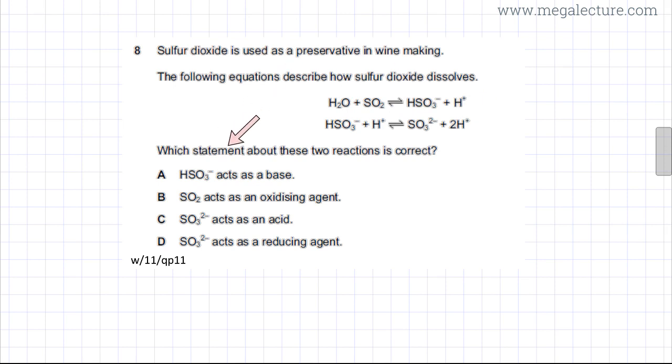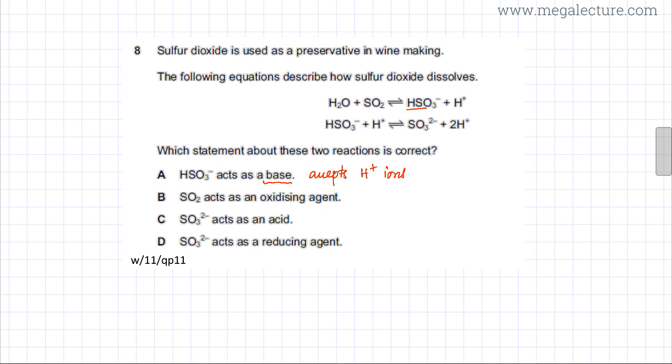Now the question is about which statement about these two reactions is correct, and the first statement is HSO3 minus ion acts as a base. Remember, a base is a substance that accepts H plus ions. So we need to figure out whether HSO3 minus is accepting H plus ions.